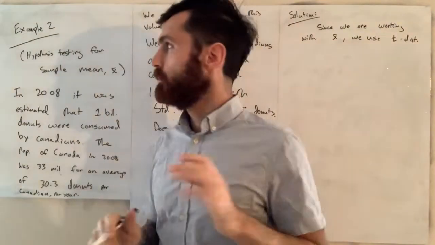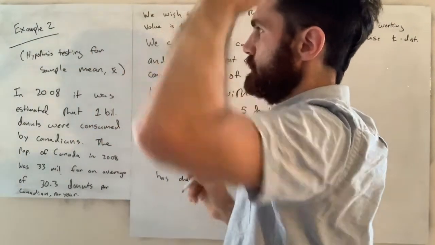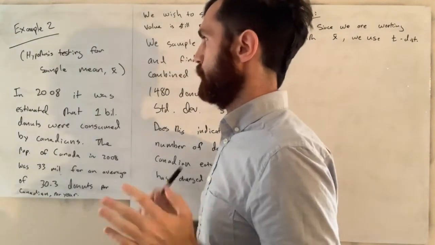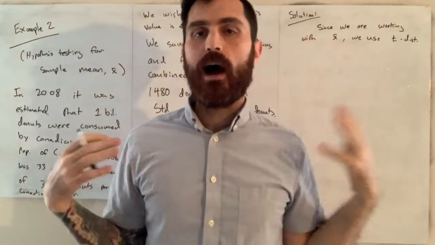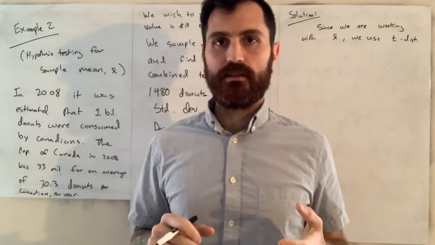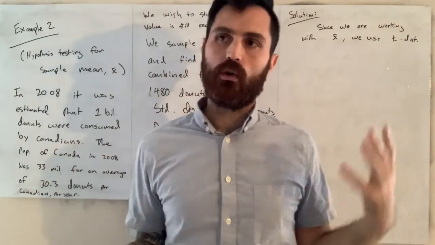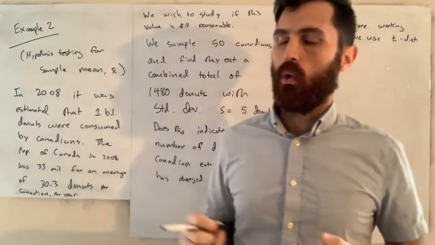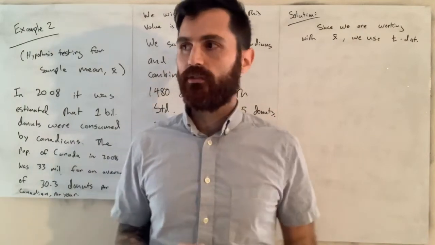Okay, so we're going to do one more example. This is example 2, and it's going to be about hypothesis testing for a sample mean. But the outset is going to be the same. You're going to have your null hypothesis, which is the way you think the world works, either based on some historical data or based on something else.